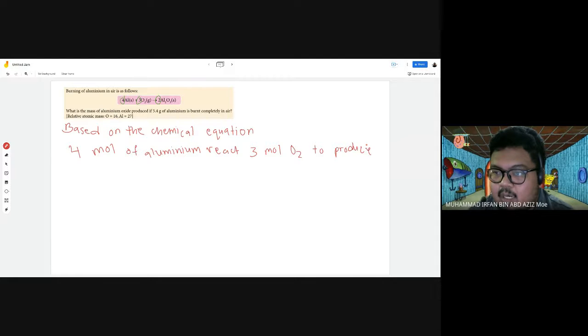Ini dia punya awal-awal ratio dia, to produce 2 mole of aluminium oxide.